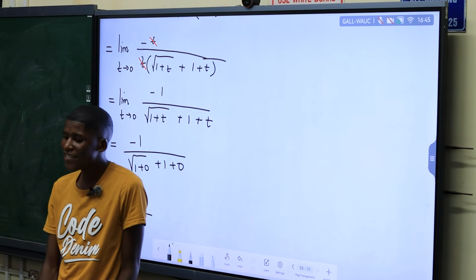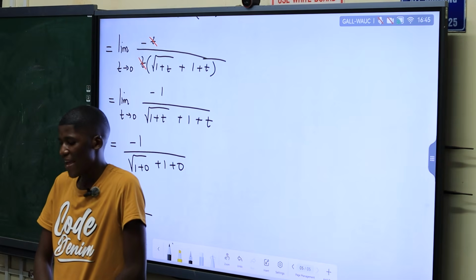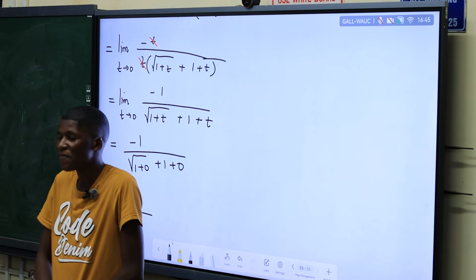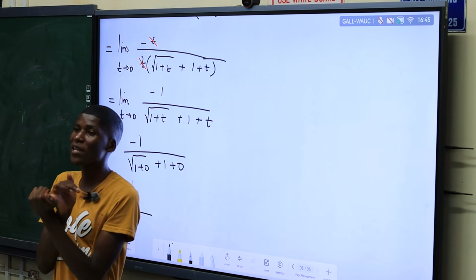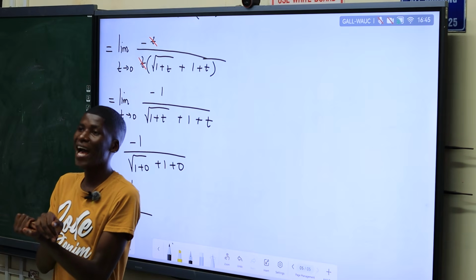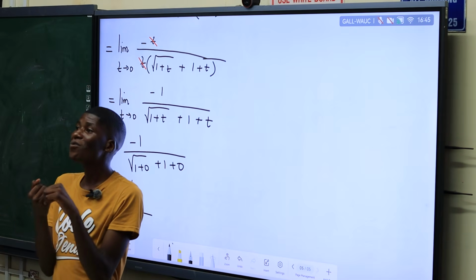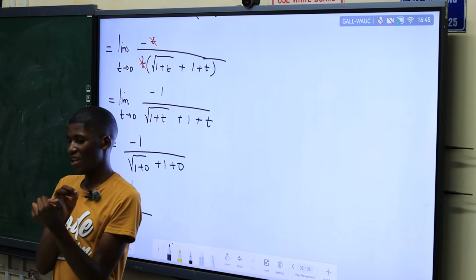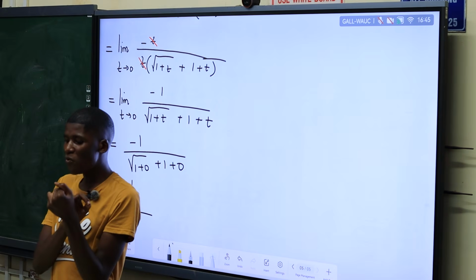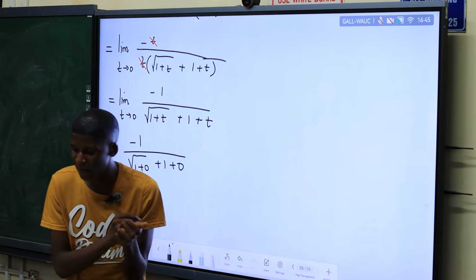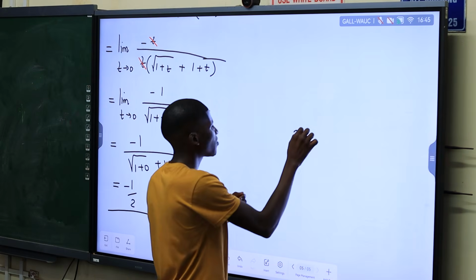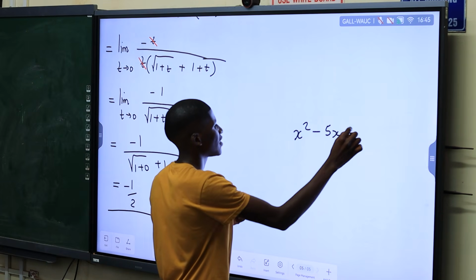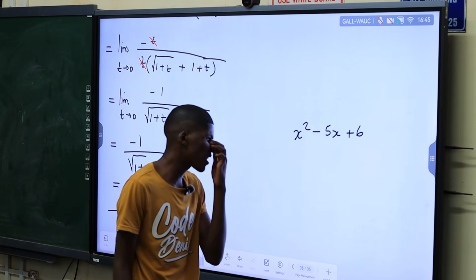But say now you are given a function and you try to do all of those simplifications. You start by trying to substitute, and it does not go well. Then you try to simplify, and it does not simplify. What do you do? For example, x squared minus 5x plus 6. Can you factorize this?